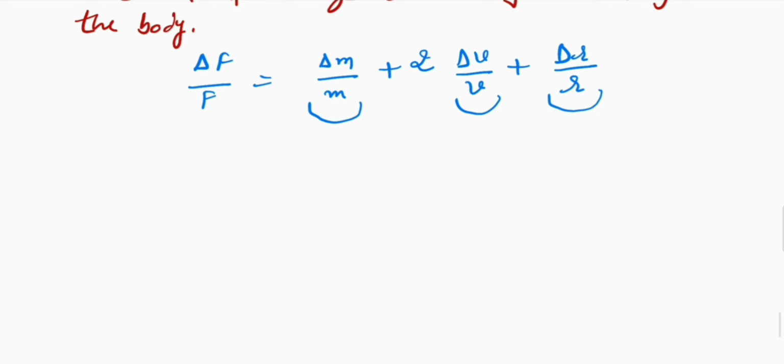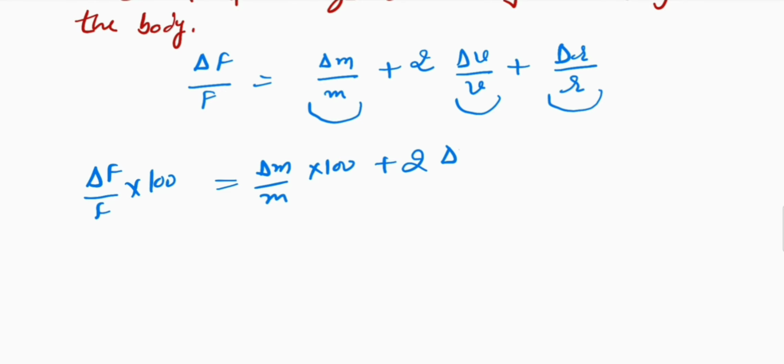We know the percentage error in F is given by delta F upon F multiplied by 100, which is equal to delta M upon M multiplied by 100 plus 2 times delta V upon V into 100 plus delta R upon R multiplied by 100.